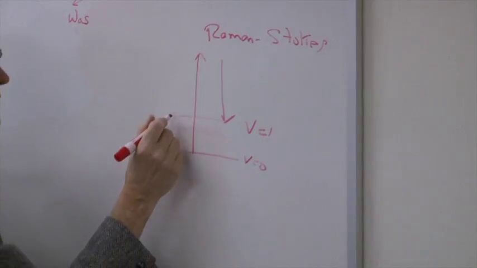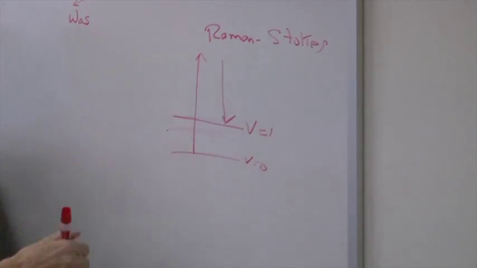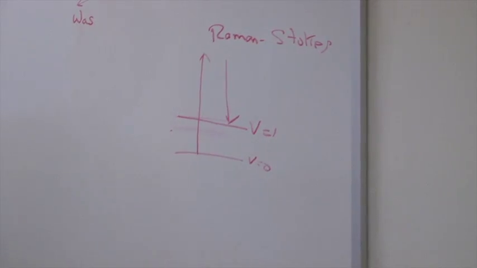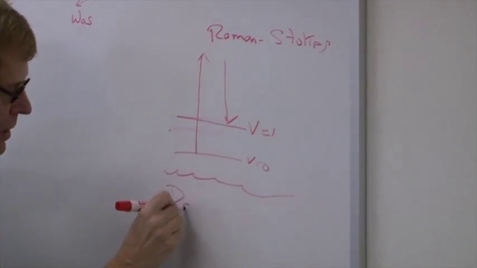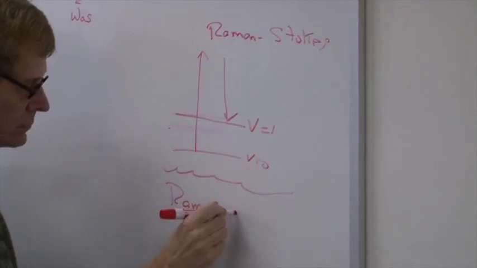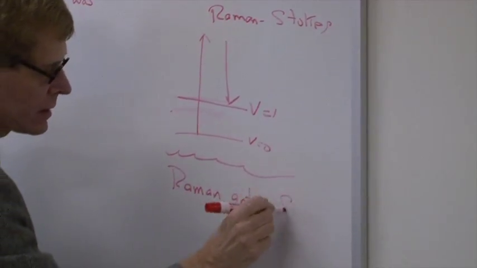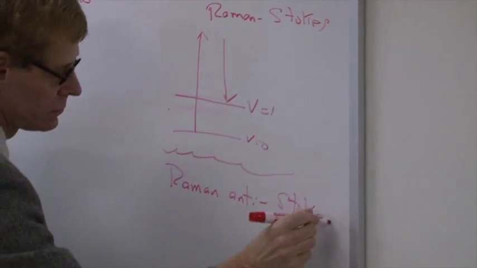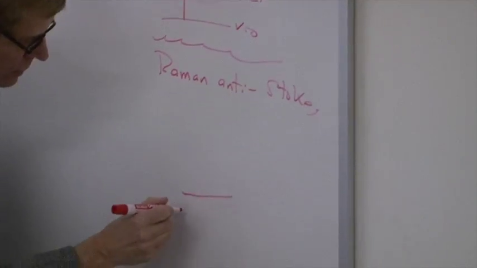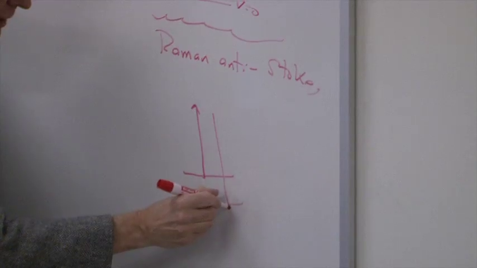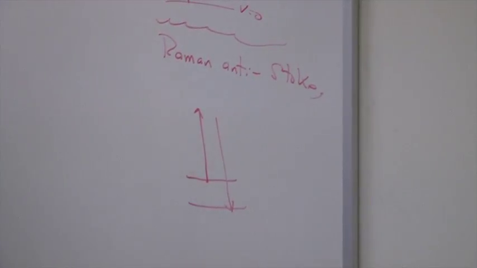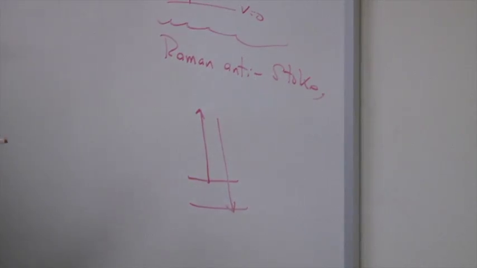You scatter from the ground state to an excited state. Now, what about Raman anti-Stokes? Well, here you would start from the upper level and go back to the lower level. That's why you get a shift up in frequency.